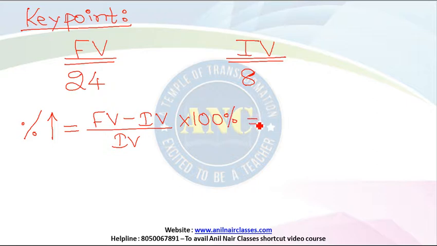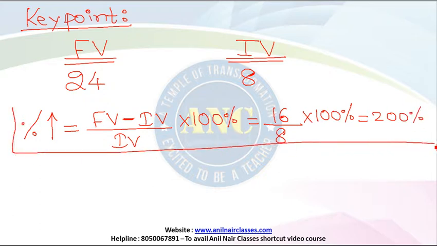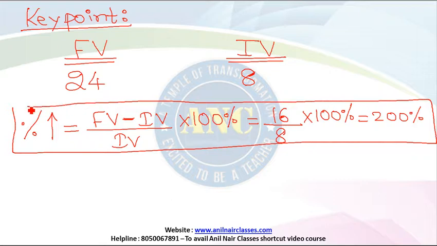If I apply this formula, final is 24 minus initial is 8. 24 minus 8 is 16 divided by initial 8 into 100%. So 16 by 8 is 2. 2 into 100% is 200%. That means percentage increase can be written as 200%.